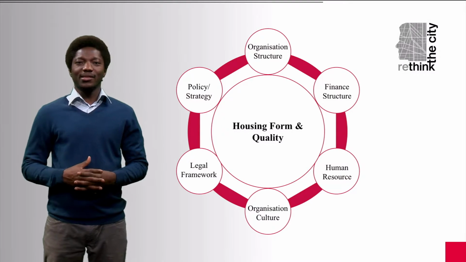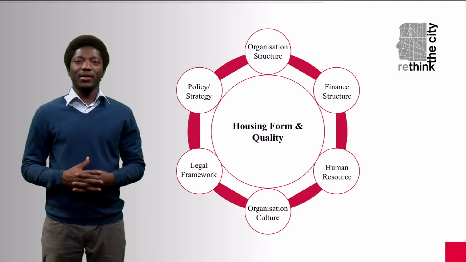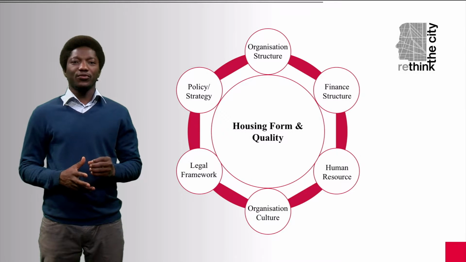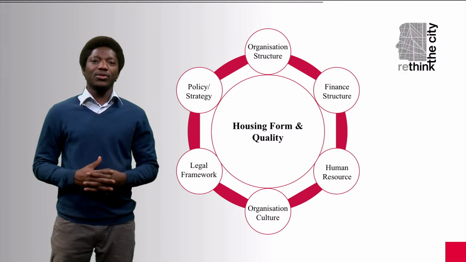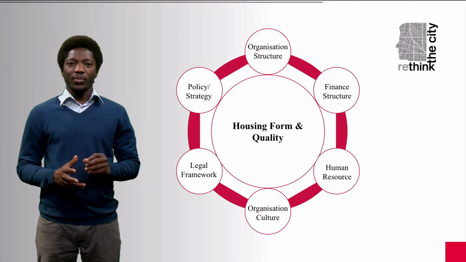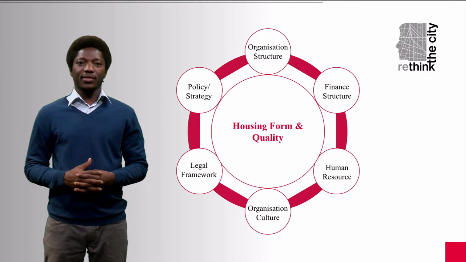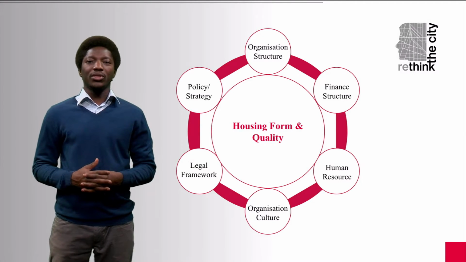As the name suggests, this model has 7 elements: legal framework, policy framework, structure, finance, human resource, culture, and housing quality. But in this lecture, I will focus on 6. The 7th, housing quality, being the outcome of a combination of the rest.